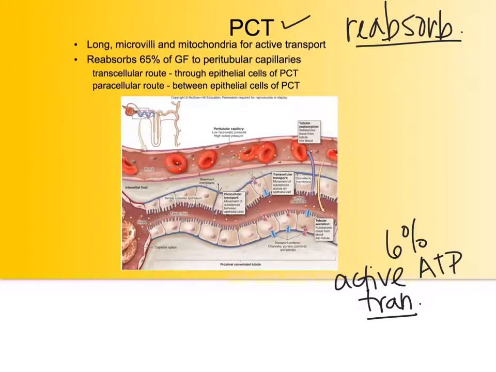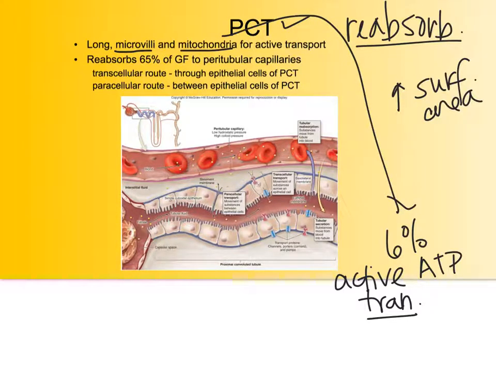The PCT is long and very convoluted, so it's all twisted up on itself. It has lots of microvilli, and remember that increases the surface area for absorption. It's also got lots of mitochondria to make ATP for active transport.